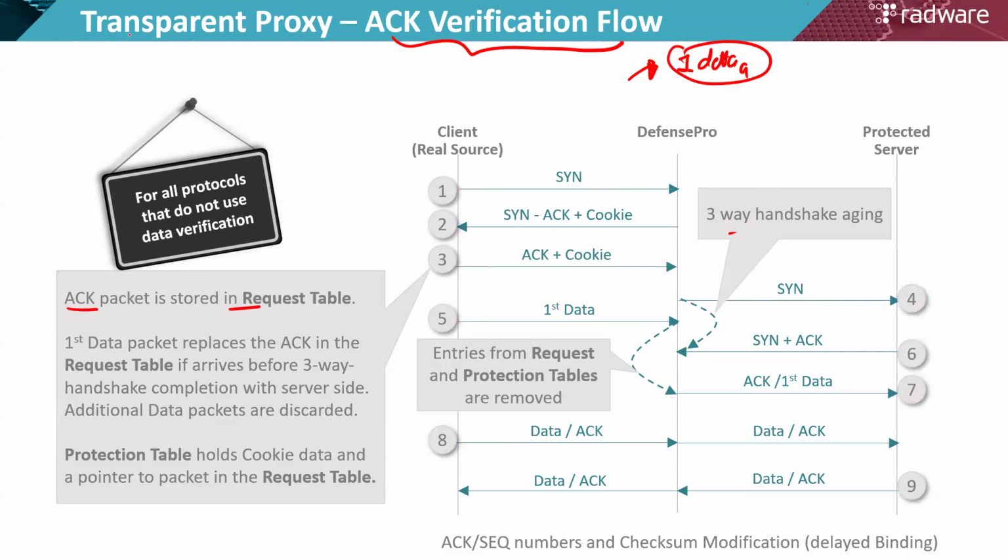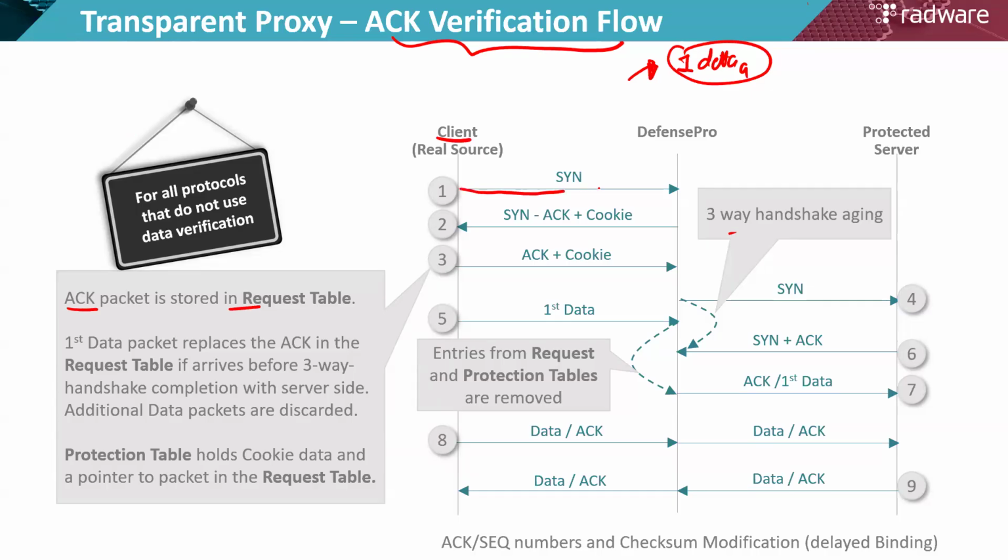So this is your transparent proxy. This is the challenge mechanism which is done when the threshold is breached. Right now the activation threshold has been breached and the defense pro has to challenge the incoming clients. Let's suppose the activation threshold is breached at the moment and this client is trying to make a connection request to the defense pro.